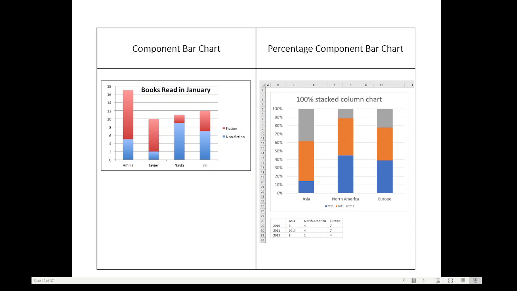So you akan dapat 7 tambah 4 tambah 7, you akan dapat 14. And then take 3 divided by 14 and then multiply with 100, we get the first bar. And then second and third. Okay, so you can change this one into years. So depending on your objective, apa yang you nak capai. Alright. So that is for the percentage component bar chart.